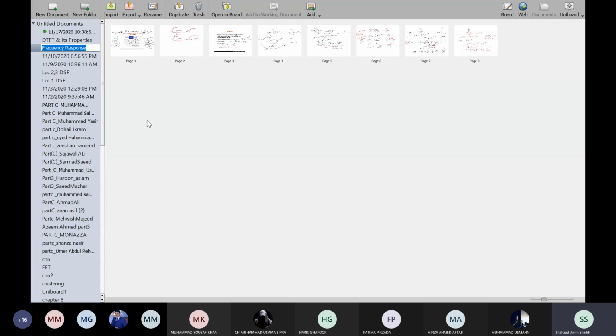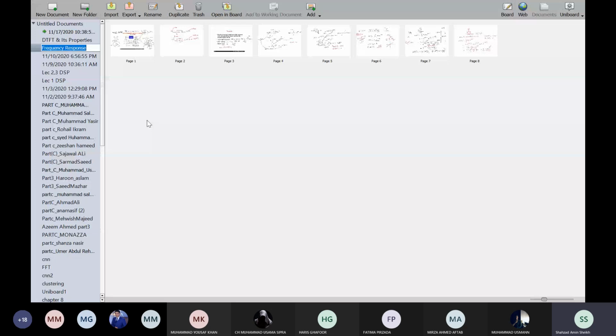So one way of finding the frequency response of a system is, as Yusuf said, to take the H of e to the j omega DTFT formula and use it to get the frequency response of the system. The second way is that you throw in e to the j omega n to your system. This e to the j omega n will come out as it is, along with some scaling factor, and that scaling factor will be the frequency response of the system.